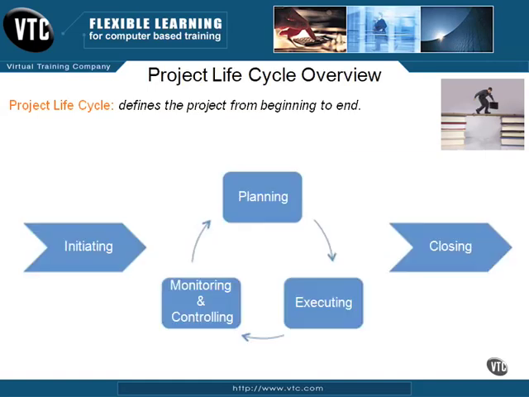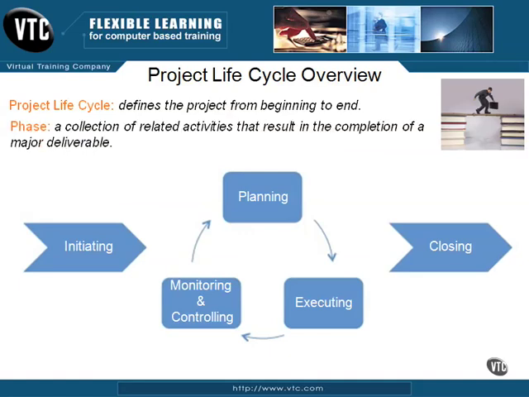The PMBOK guide describes a project phase as a collection of logically related project activities, usually culminating in the completion of a major deliverable. Within a phase, the project team makes use of the 5 process groups within project management: initiating, planning, executing, monitoring and controlling, and closing.